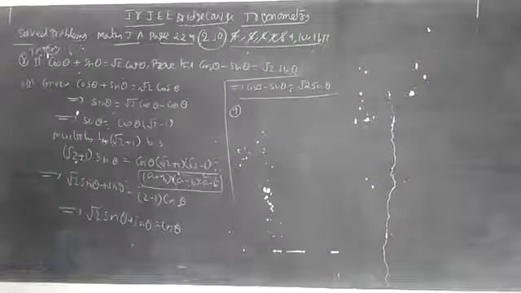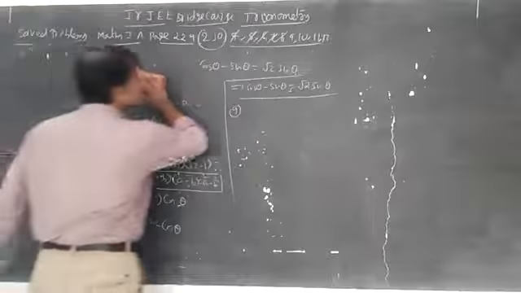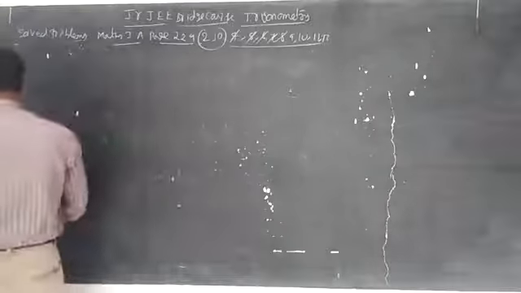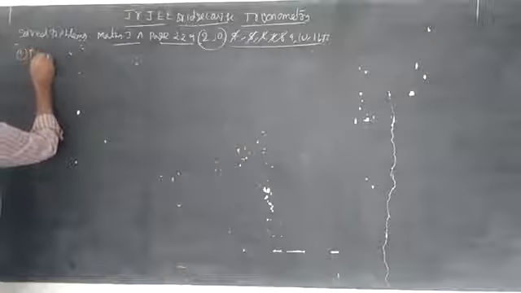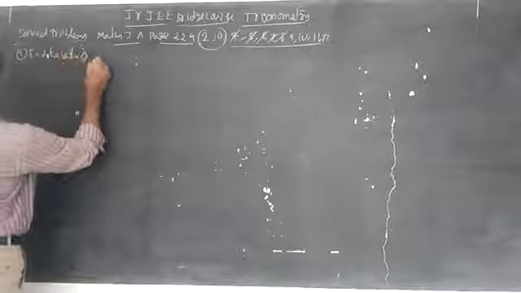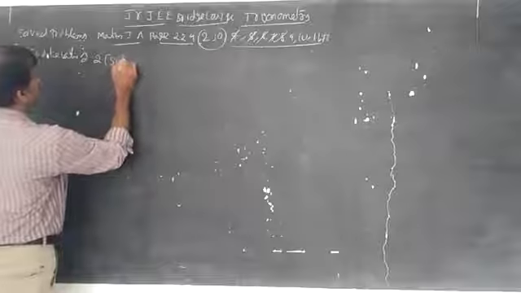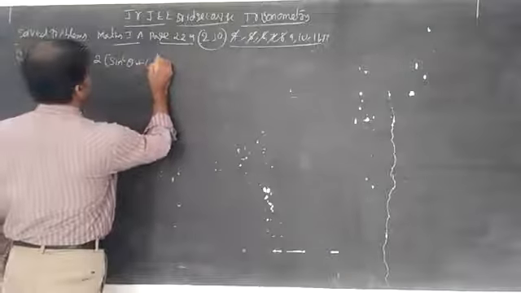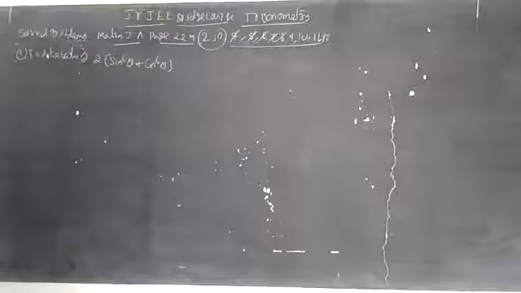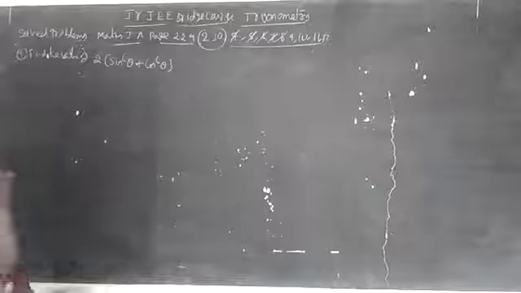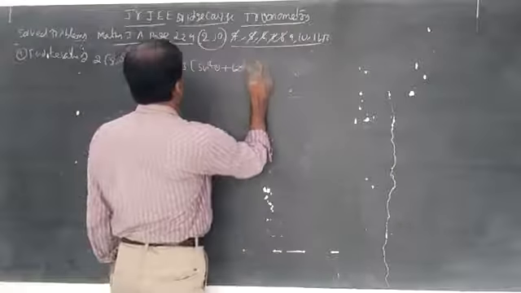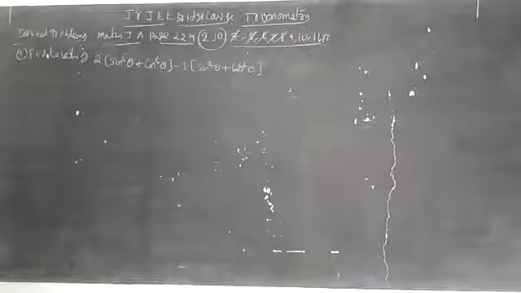Find the value of 2 into sin power 6 theta plus cos power 6 theta minus 3 into sin power 4 theta plus cos power 4 theta.